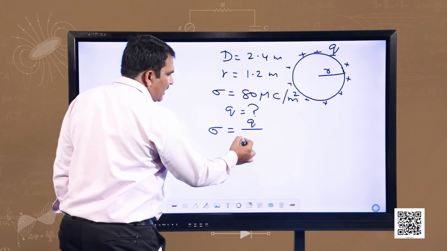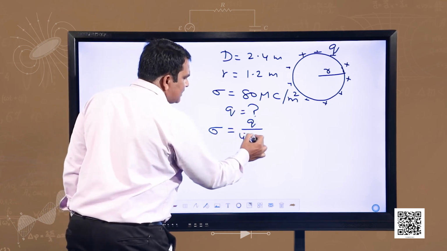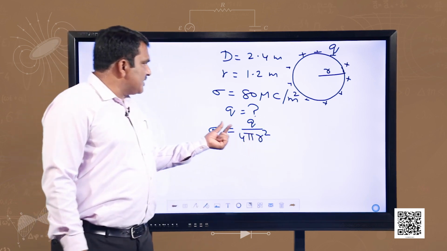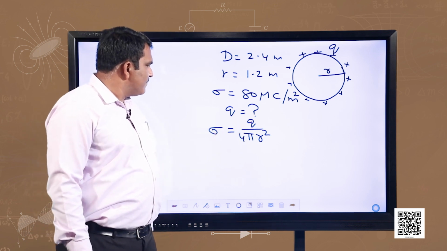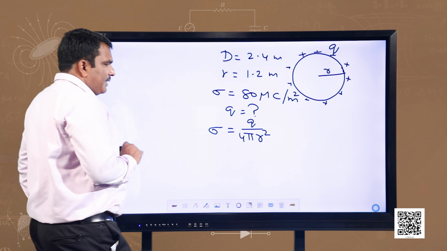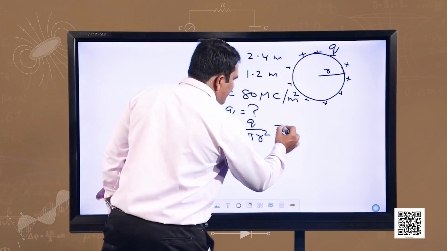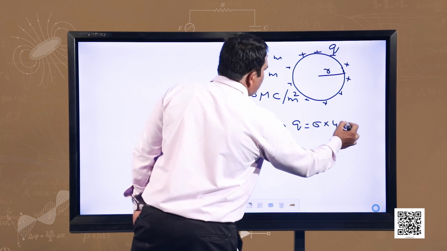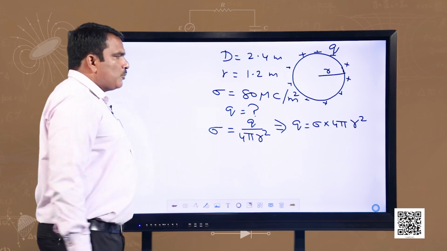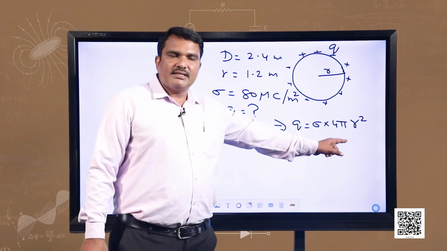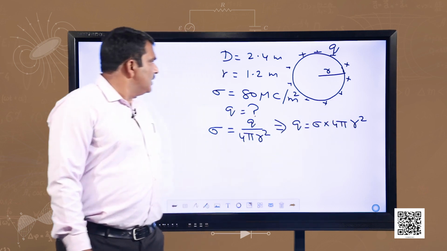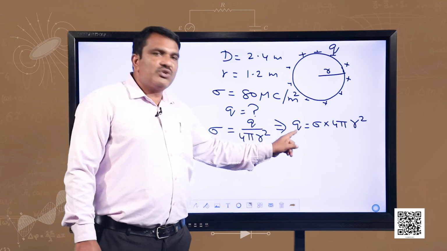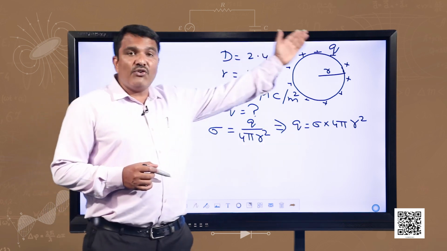So, sigma equals charge upon area, and the area of a sphere, we all know, is 4 pi r square. Using it we can find the charge as sigma multiplied by 4 pi r square. Now, putting the value of sigma, pi, that is 3.14, and the radius, which is 1.2 meter, we can easily get the amount of charge present on the surface of this sphere.